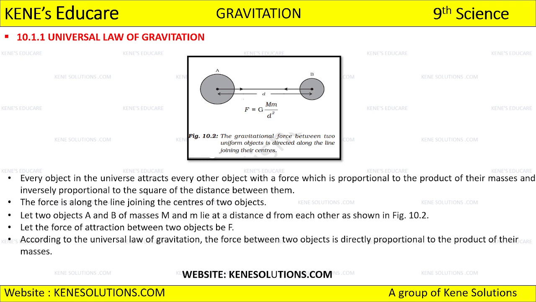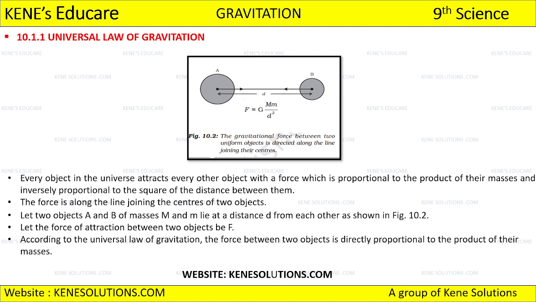According to the universal law of gravitation, force is directly proportional to the product of their masses and inversely proportional to the square of the distance between them, right? On that basis, we have considered the mass of object A as capital M, and the mass of object B as small m.